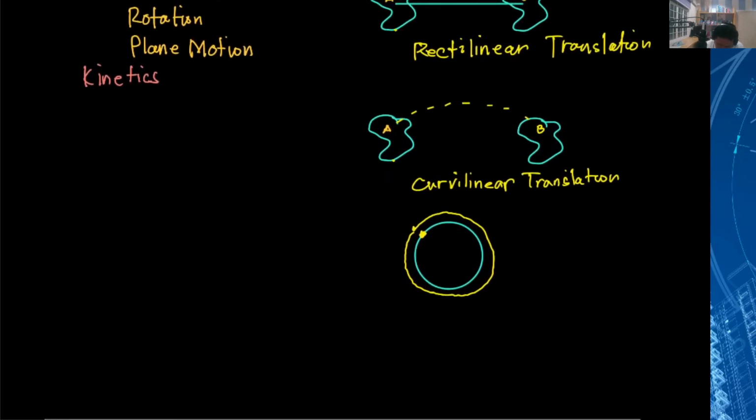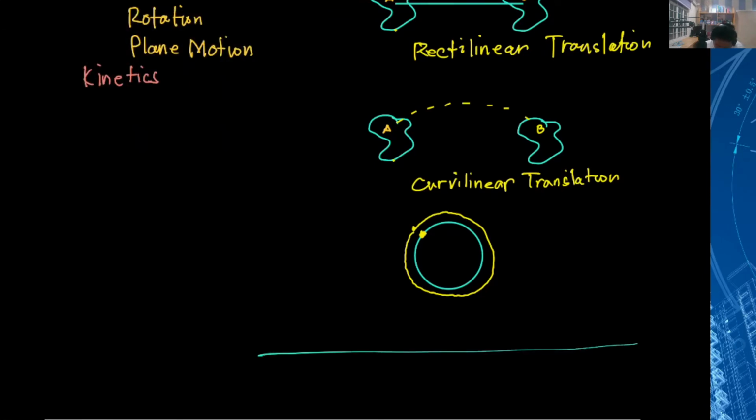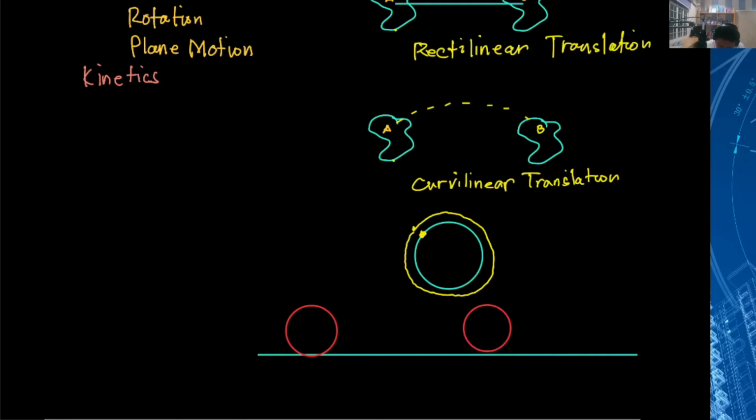One particular example here is the wheel of a car. The wheel of a car travels from a point here up to here. While the wheel is rotating, if we consider one particular point, it rotates along the perimeter of the wheel, which is circular.